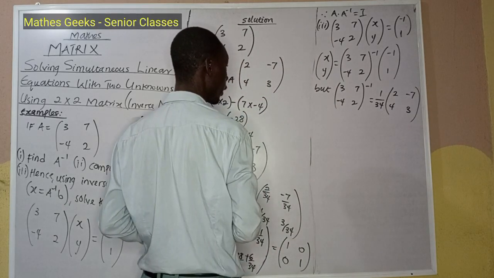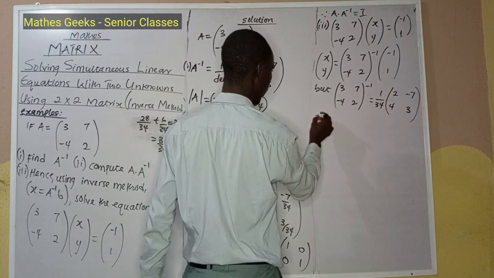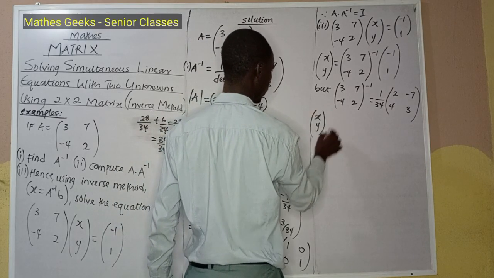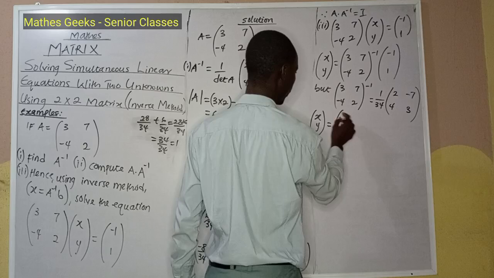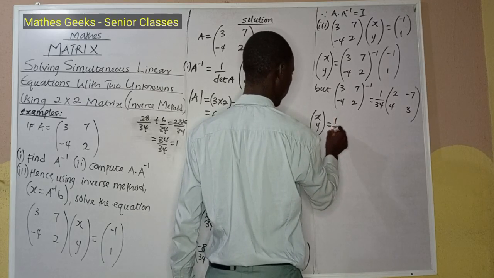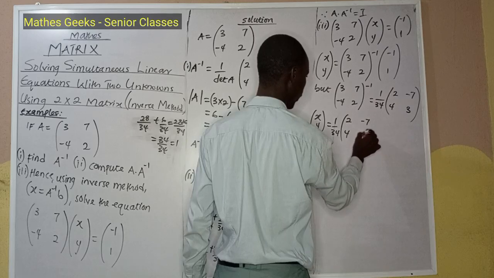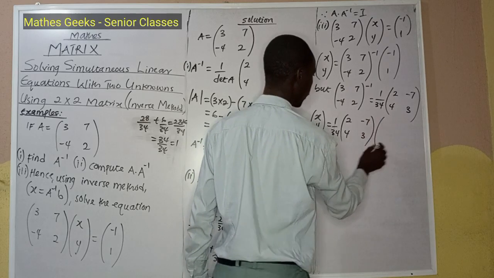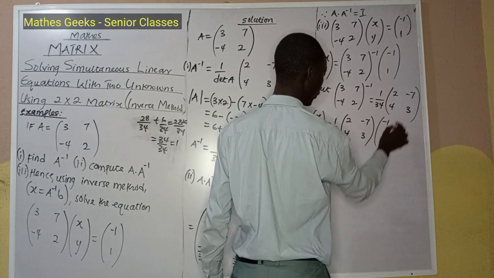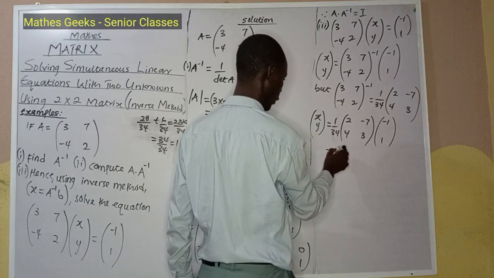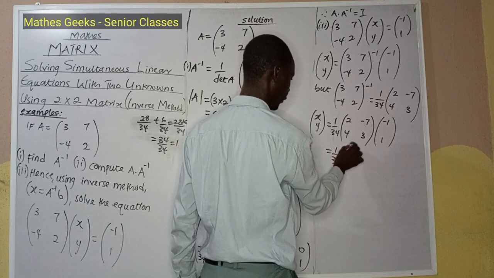So next, [x; y] is equal to 1 over 34 times [2, 4; -7, 3] multiplied by [-1; 1].